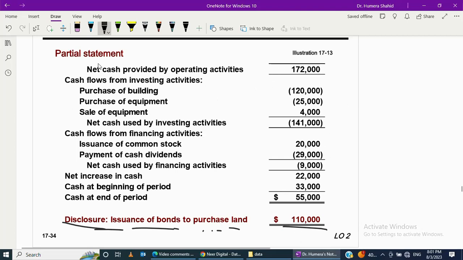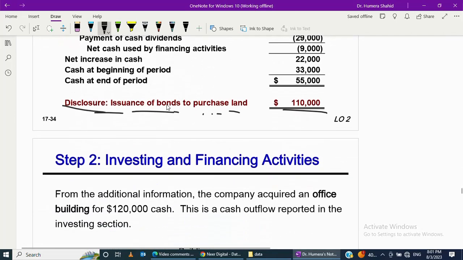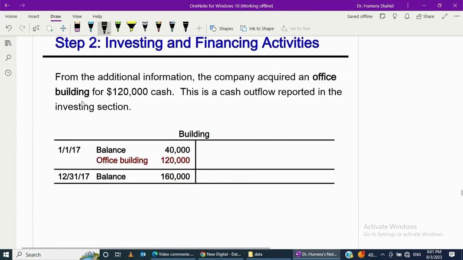And previously we prepared till here. 172 was the answer, net cash provided by operating activities, right? Then we have building. If you check, building is increasing with 120,000. In notes, additional information, they said it was purchased for cash. It means that cash goes from your hands, right? So building is an asset. Asset is increasing, you will minus.